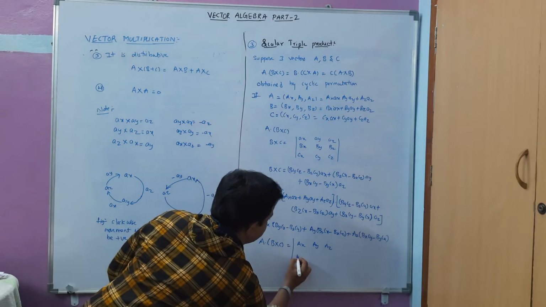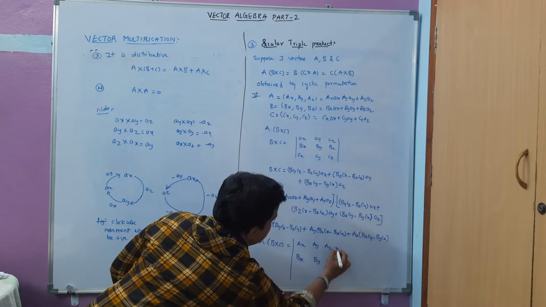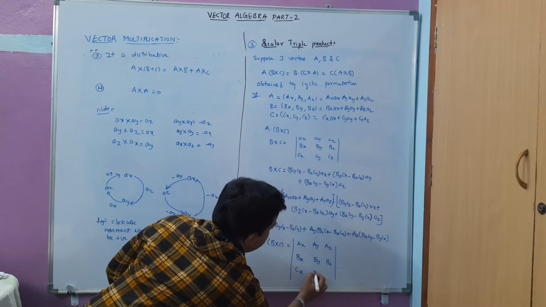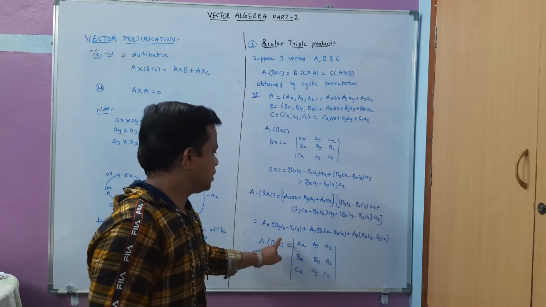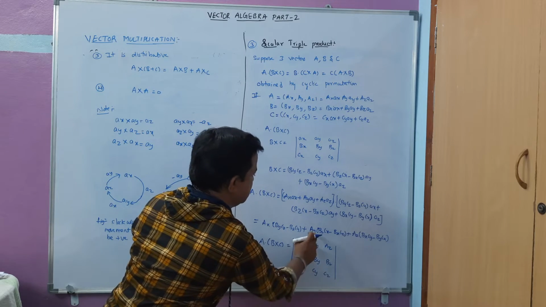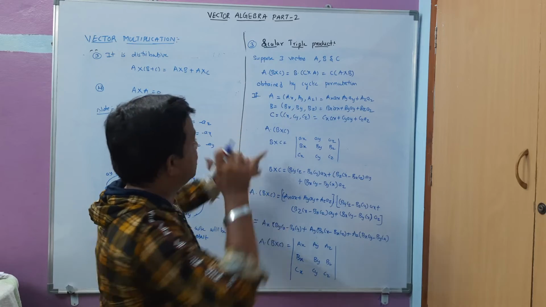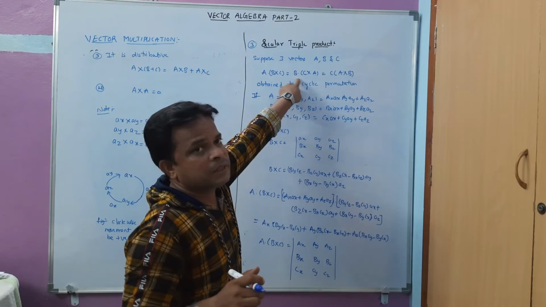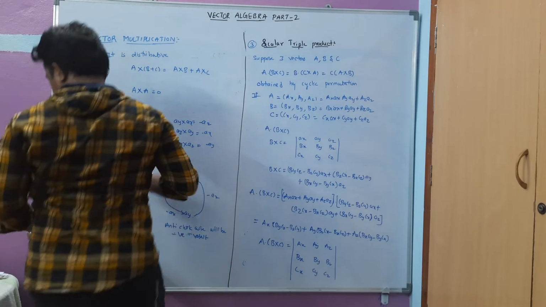Next similarly BX, BY, BZ, next CX, CY, CZ. If we take this, we will get the same result, that is AX into this minus this into this minus this. Next you can check this result. Hope we will get the same result here, and similarly we can perform this and this, and so on. Okay, right.